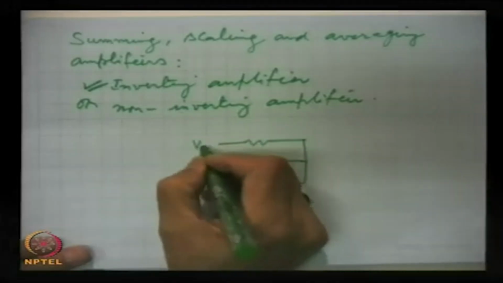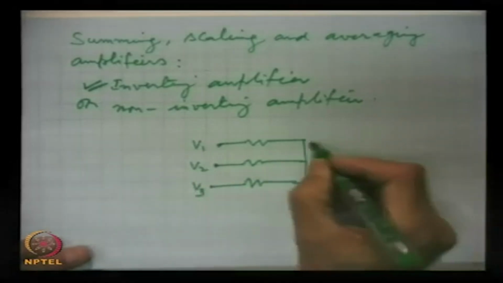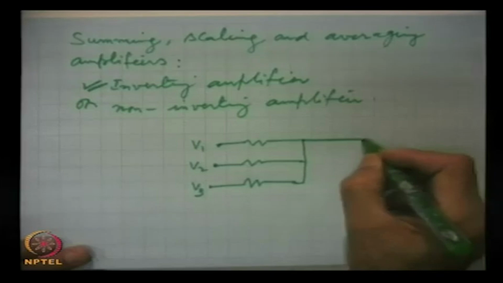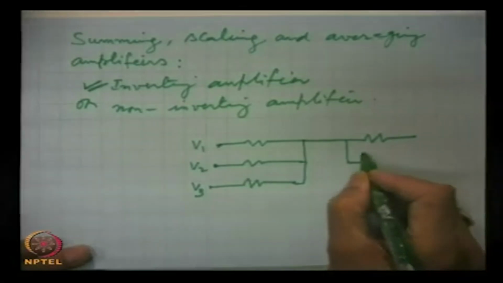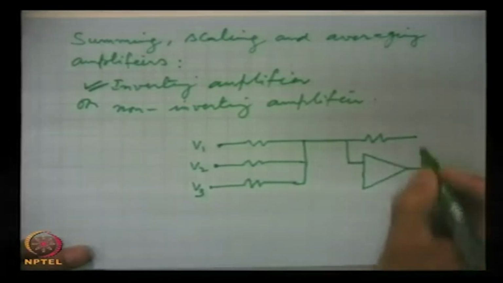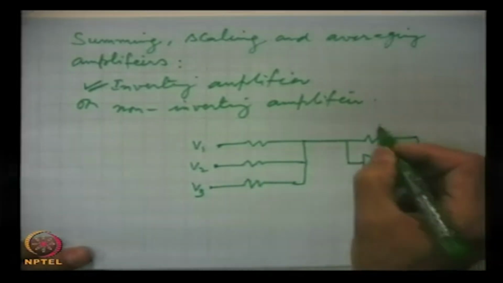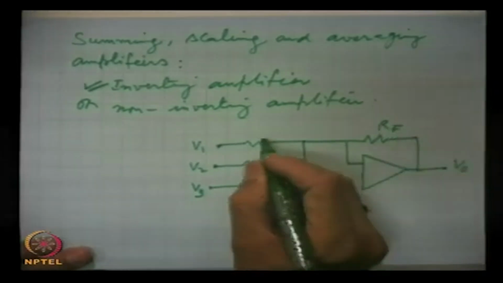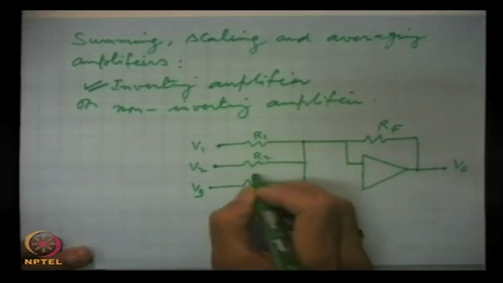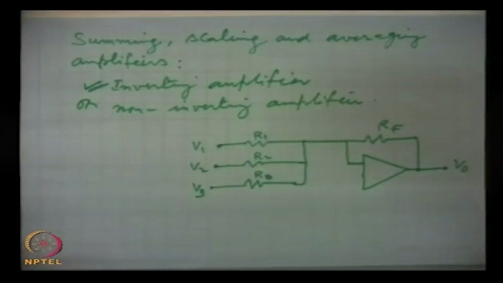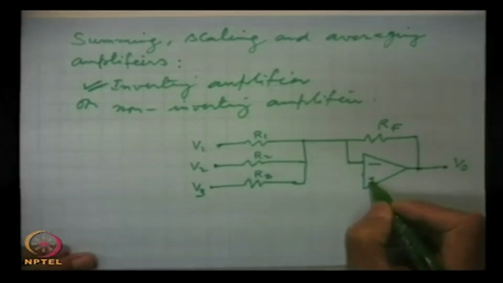This is V1, V2, V3 and RF, and this is R1, R2, R3, and this is the inverting input and this is non-inverting input.